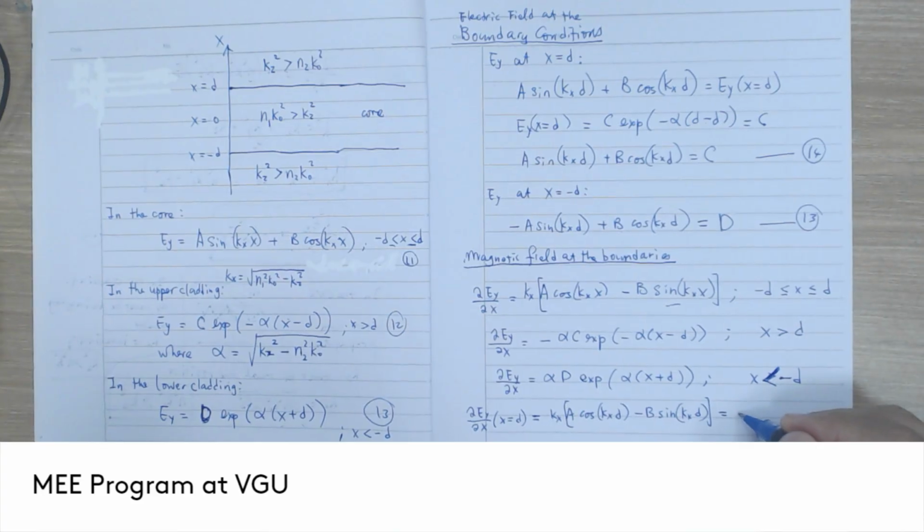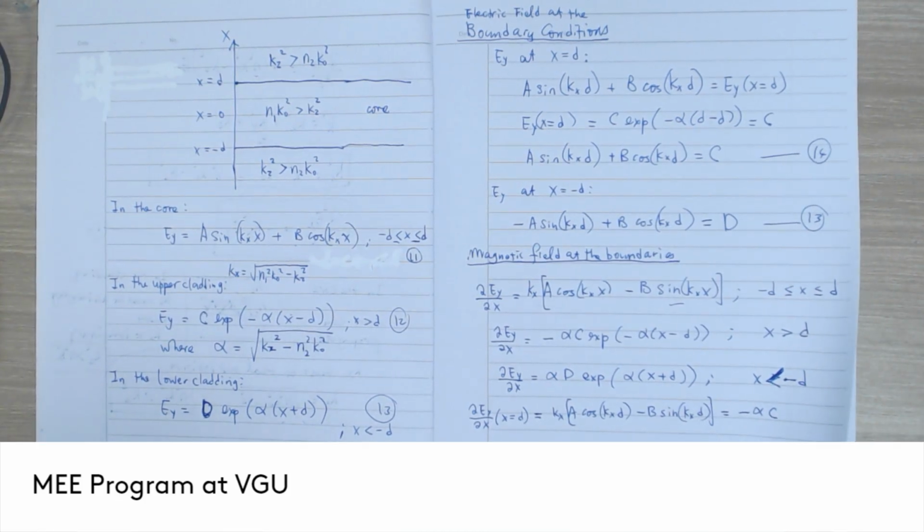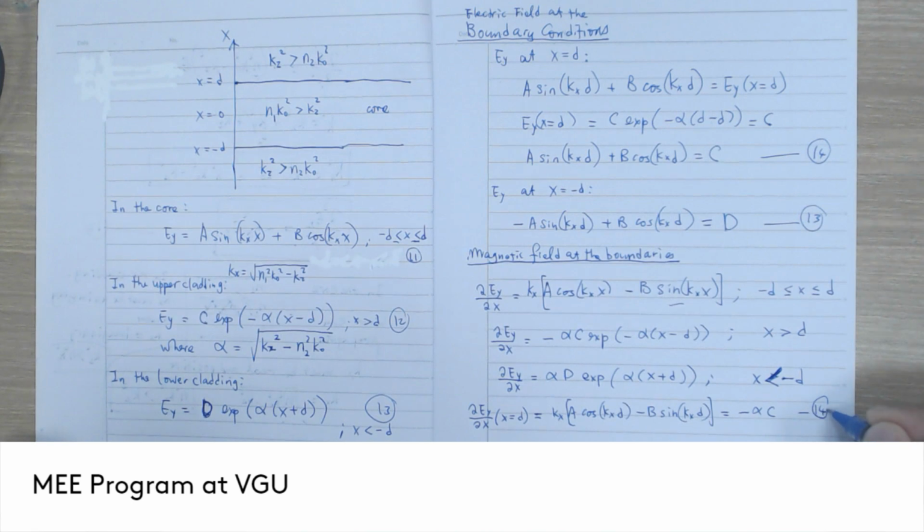So as a result, what we get is minus alpha c. And again, we can continue the process for the lower boundary. We can do the same. So this is equation 14.